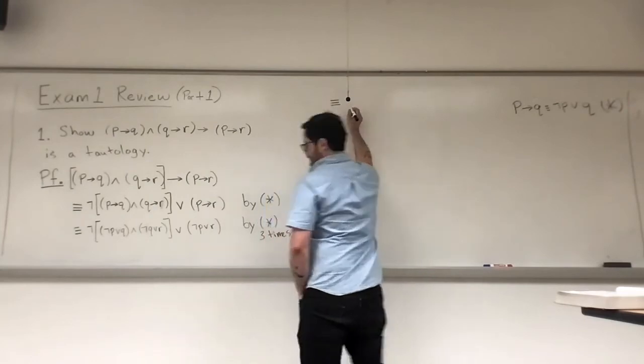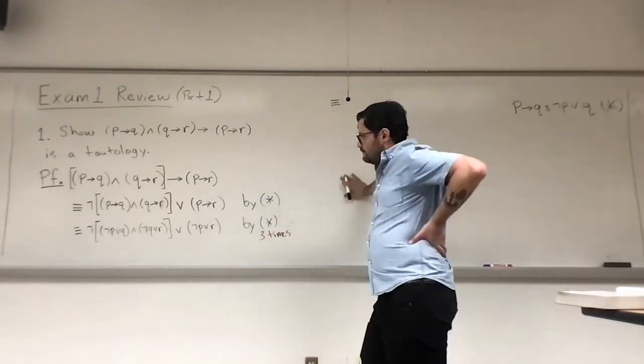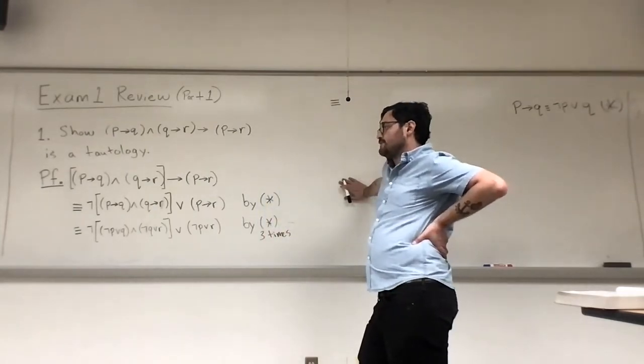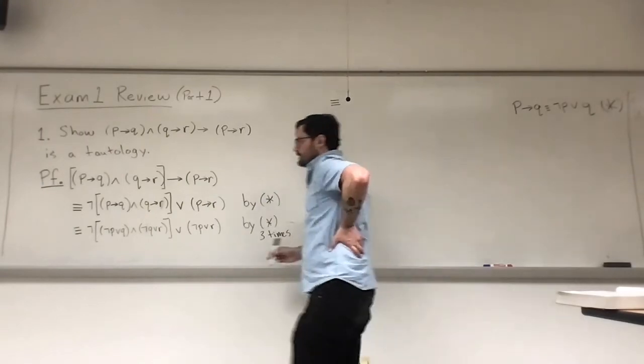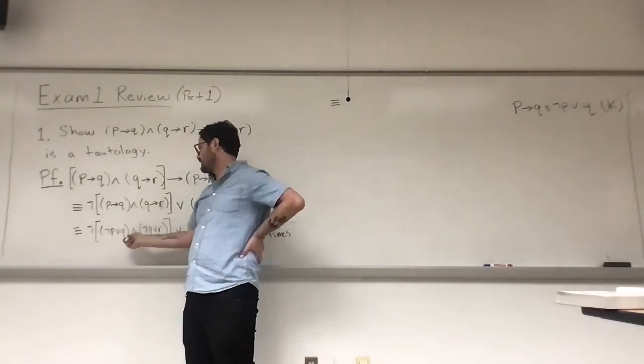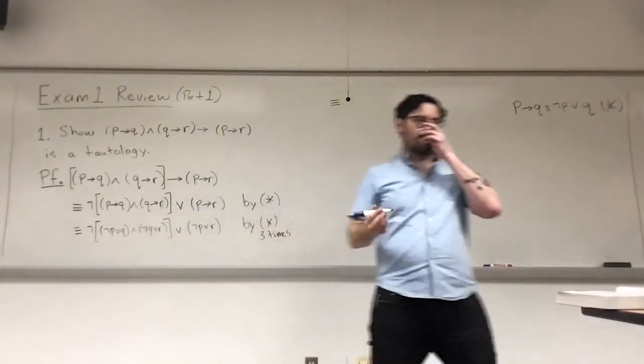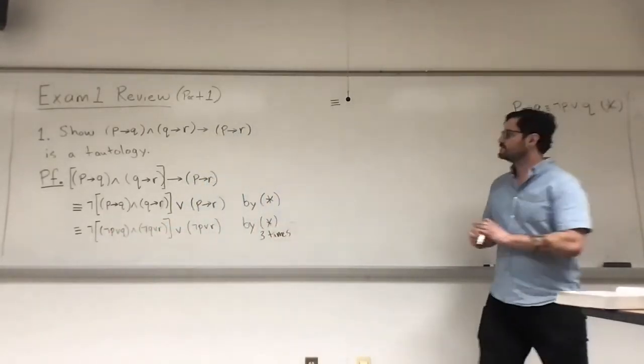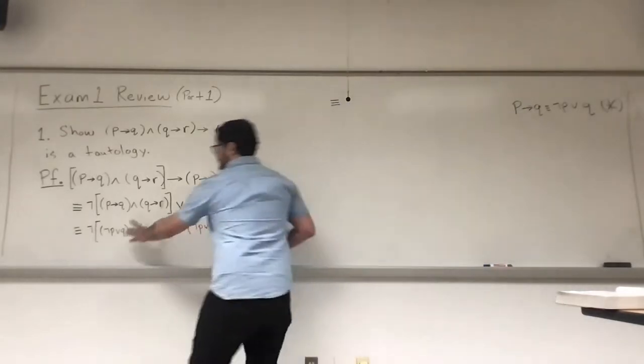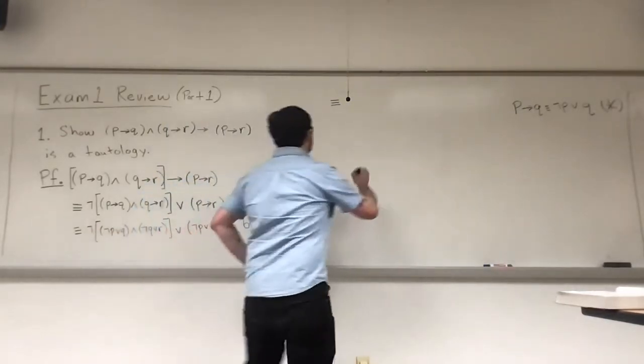Okay. So now, the only law that I really see that I could use right now, I see the negation of something and something else. De Morgan's law. Okay. De Morgan's law applies in that case. So I'm going to apply De Morgan's law right here. Send that negation in.